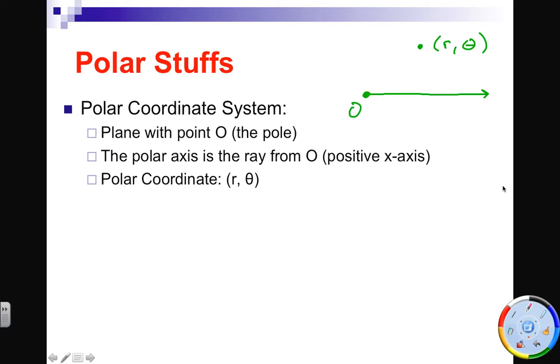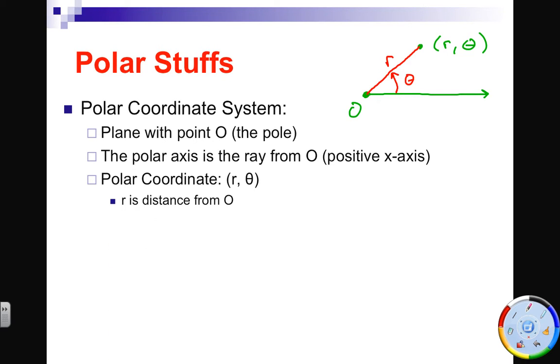You might think about this pretty easily. R usually represents radius or distance, and r is this distance from the pole, and theta is going to be the angle just like normal, going from this polar axis up to the line that contains r, the distance.